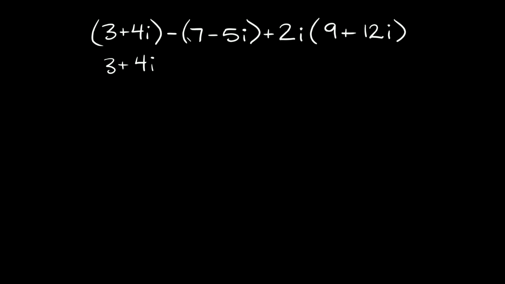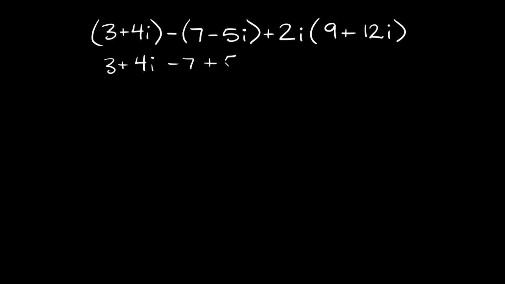Now, for these sets of parentheses, you can see there's a negative sign in front of them, so we can't just drop them. The first thing we have to do is distribute this negative sign into these parentheses right here, okay? So if we do that, negative 1 times positive 7 is negative 7, and then this negative sign times negative 5i is positive 5i, right?